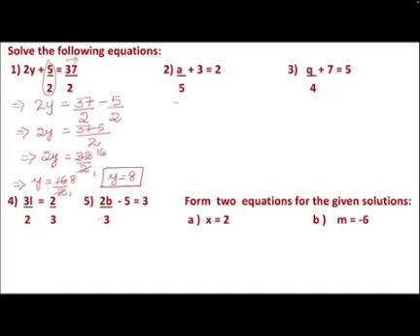Again, here you can see a by 5 equals 2 minus 3. This 3 moves to RHS and becomes negative. So you have a by 5 equals, what is 2 minus 3? It is minus 1.